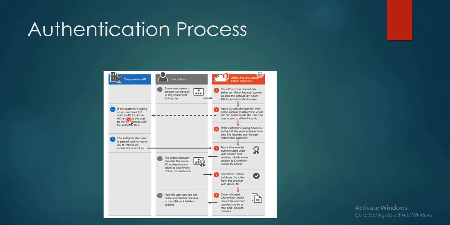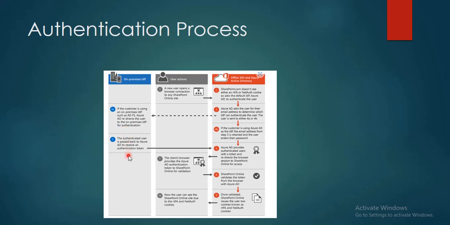If the user is coming from on-prem, because Azure AD doesn't have that information, it will route the request to ADFS, the Active Directory Federated Service, asking the IDP for authentication.